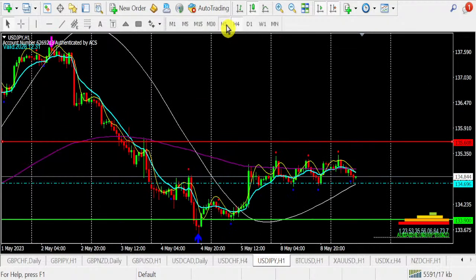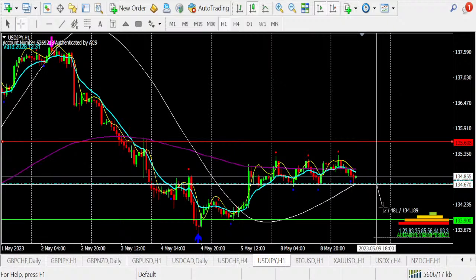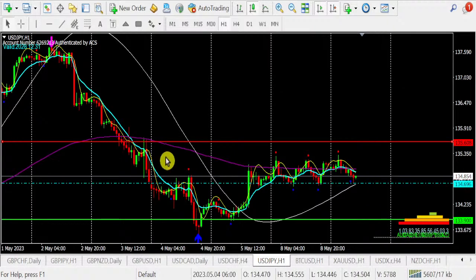It looks like it's still being supported. So be patient, as we can see from here. This area here, we are still on the support and still trying to break below and retest this area to continue the selling down. We still have about 80 pips there, so I guess it's still pretty good.